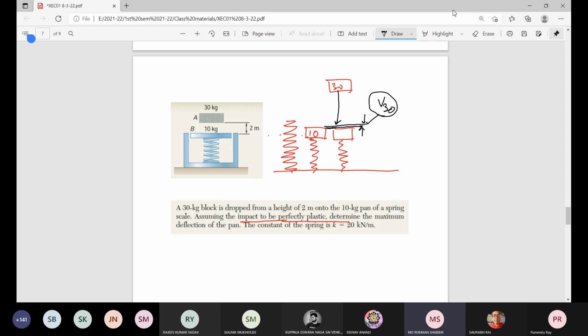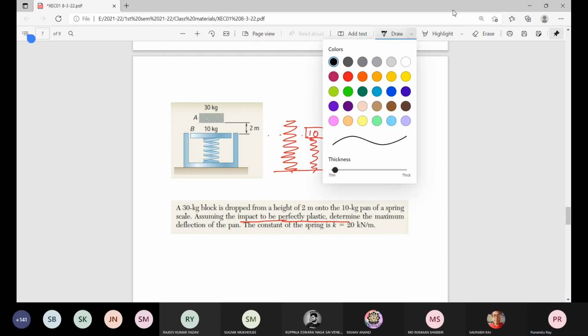So root 2gh. Okay. Then that energy is to be transferred to this 10 kg block, and the total system will travel in combination.